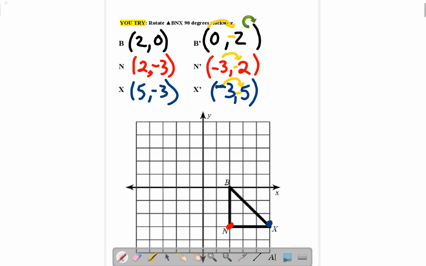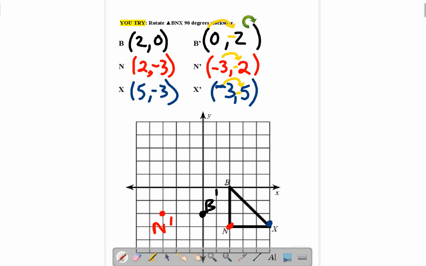Okay, switch and flip to the right. Let's check your coordinates here. I have 0 and -2 is my B prime. I have -3 and -2 is my N prime.